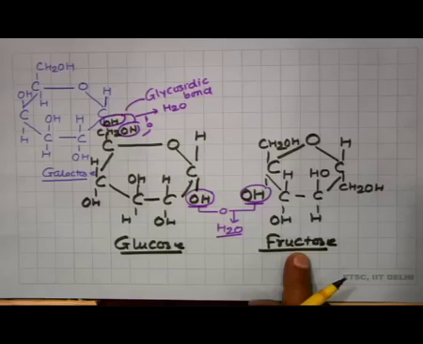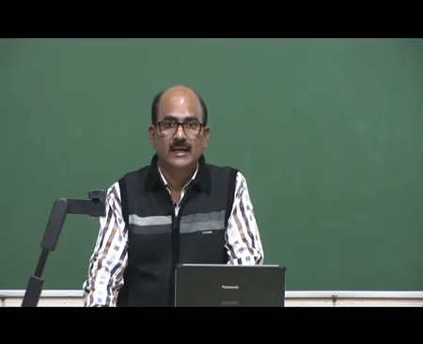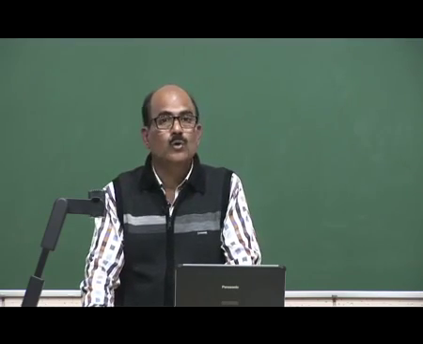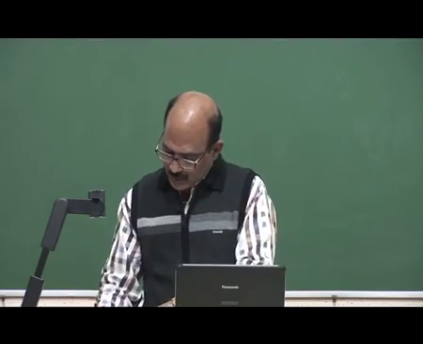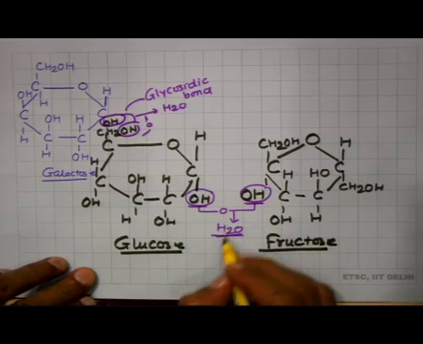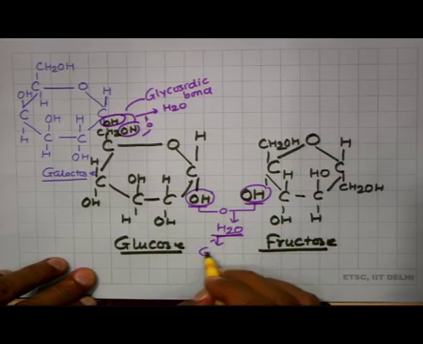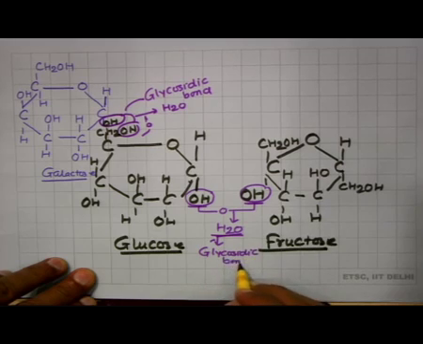So, at the time of formation of raffinose, two glycosidic linkages are there: between glucose and fructose, and between glucose and galactose. Okay, so this is also a glycosidic bond.